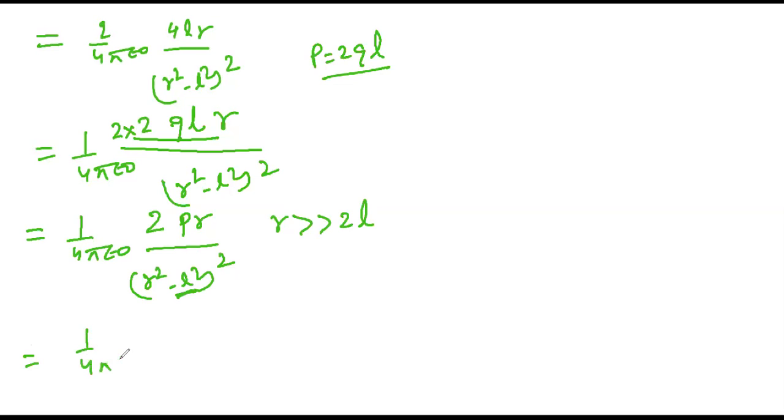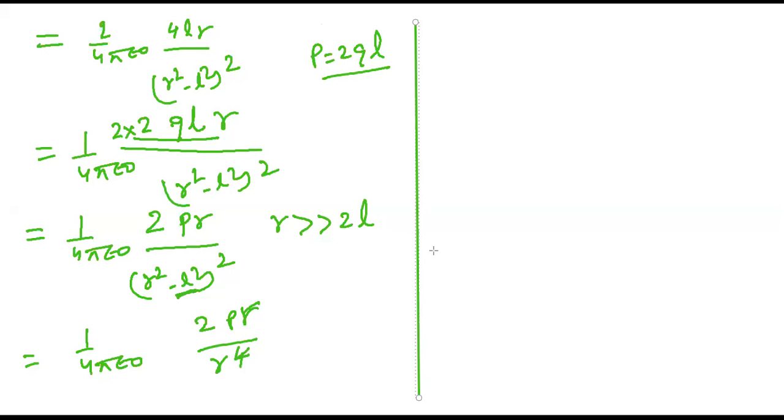So what will we get? 1 by 4 pi epsilon naught, 2pr upon r square, which will be r to the power 4. Yes, one power you can cancel from here. So finally you will be getting 1 by 4 pi epsilon naught, 2p divided by r cubed.